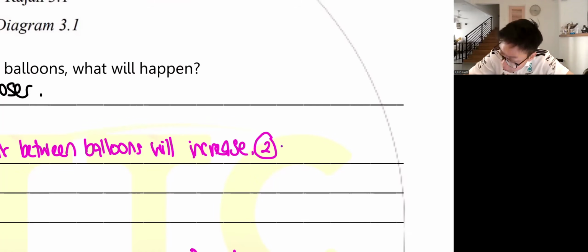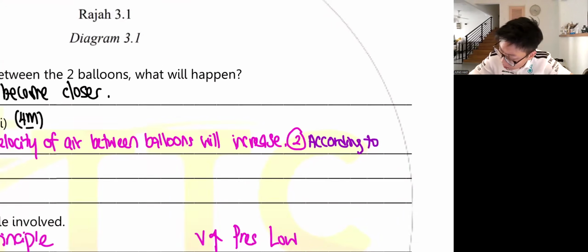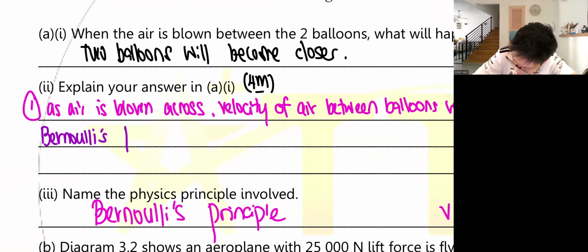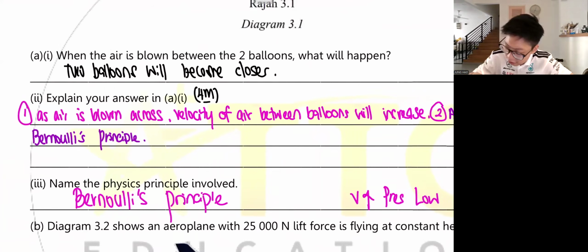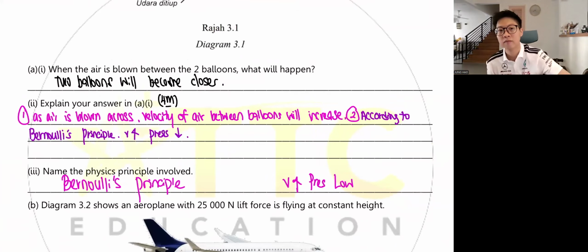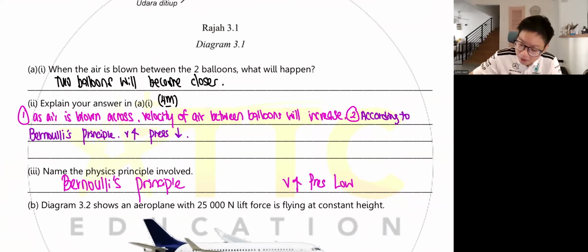So we can write: according to Bernoulli's principle, when velocity increases, the pressure decreases. That was my third mark.